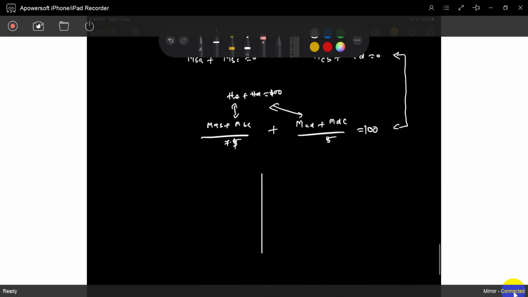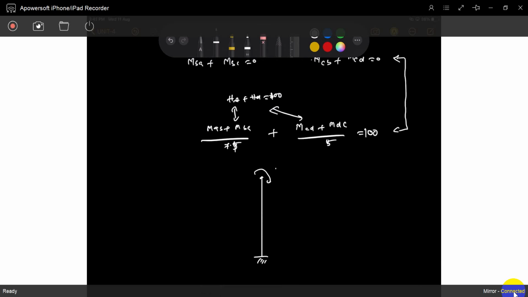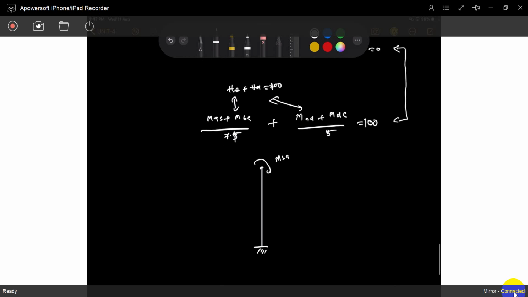Free body diagram of member AB: it's 100 at 3.5, and the length is 4 meters. We will experience HA also, write HA in this direction. So write down exactly what HA is. This is B, this is A. You can take moment at A or moment at B, anything.